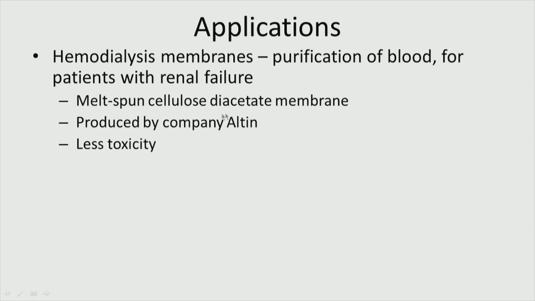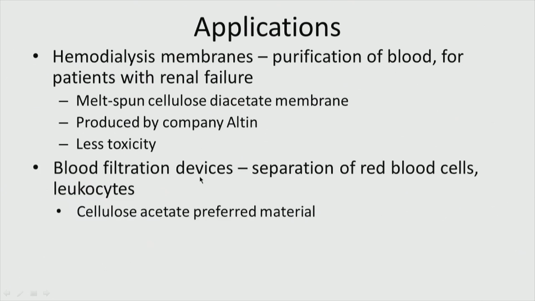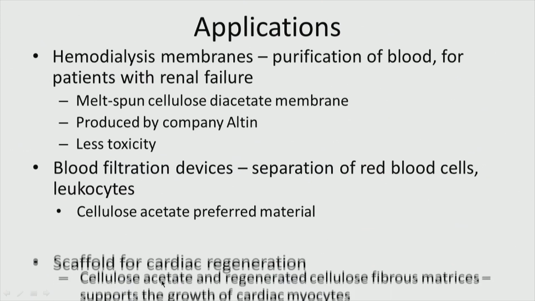Cellulose diacetate membranes are used, and there is a company called Altin which makes them, with less toxicity. Blood filtration devices, we can separate red blood cells, leukocytes. If you are interested in red blood cell free plasma, then we need to filter the blood, and cellulose acetate type membranes are used here.